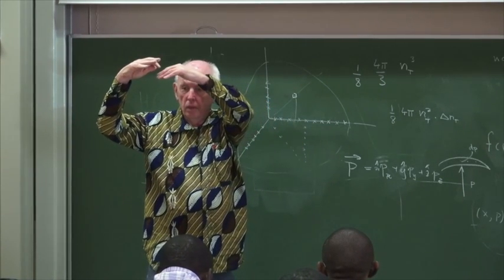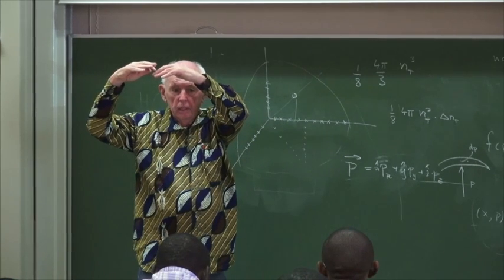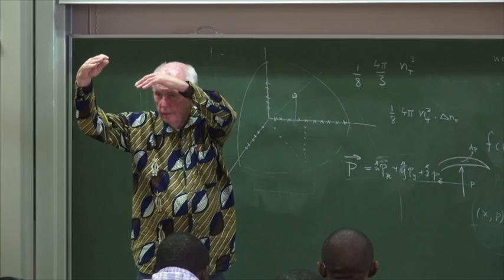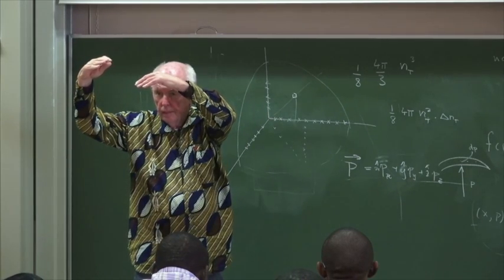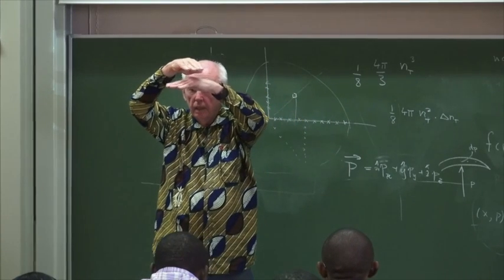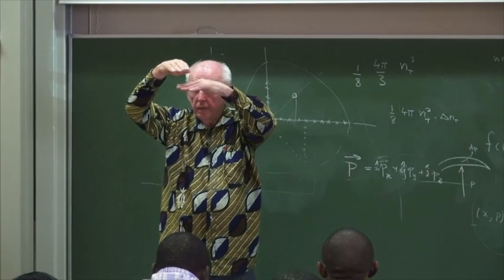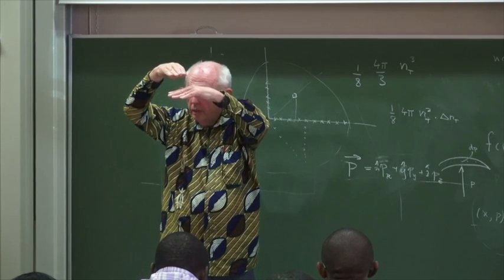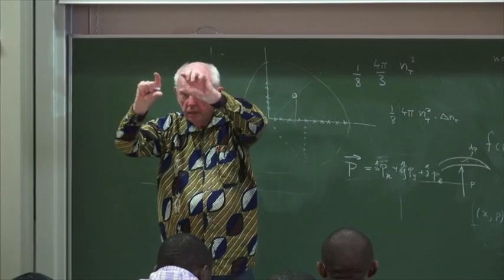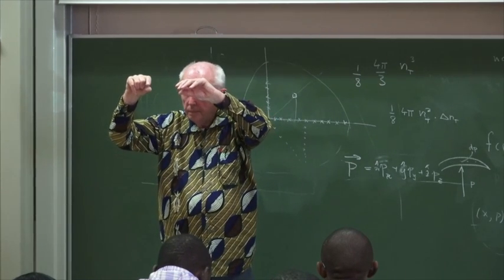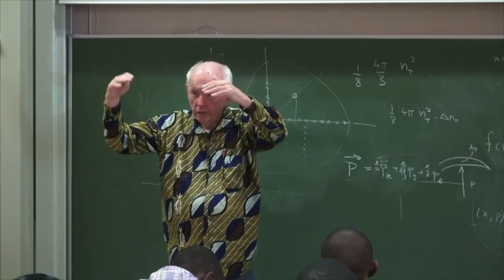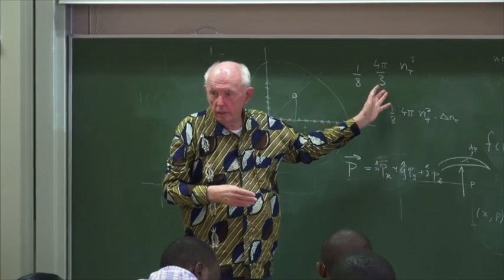And so now I want to know how many there are between 100 and 101. So I'm looking at this differential between 100 and 101, delta NT.